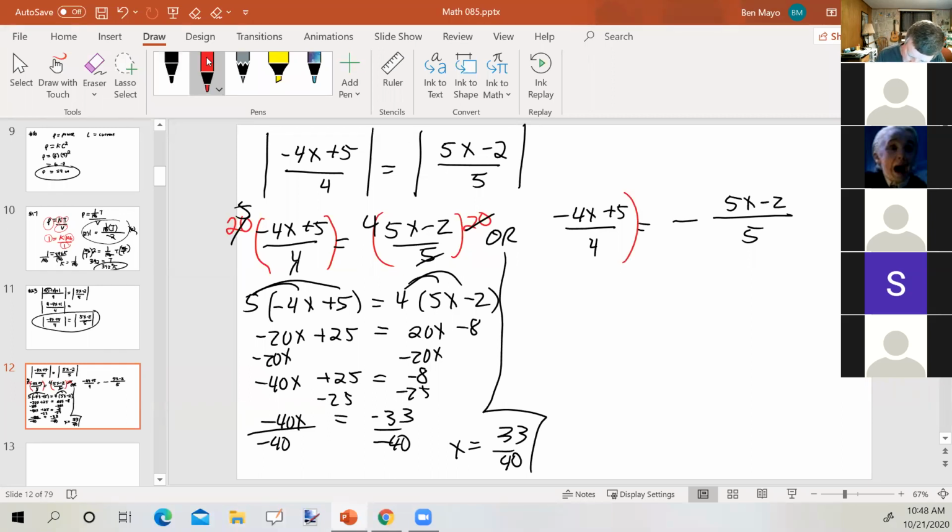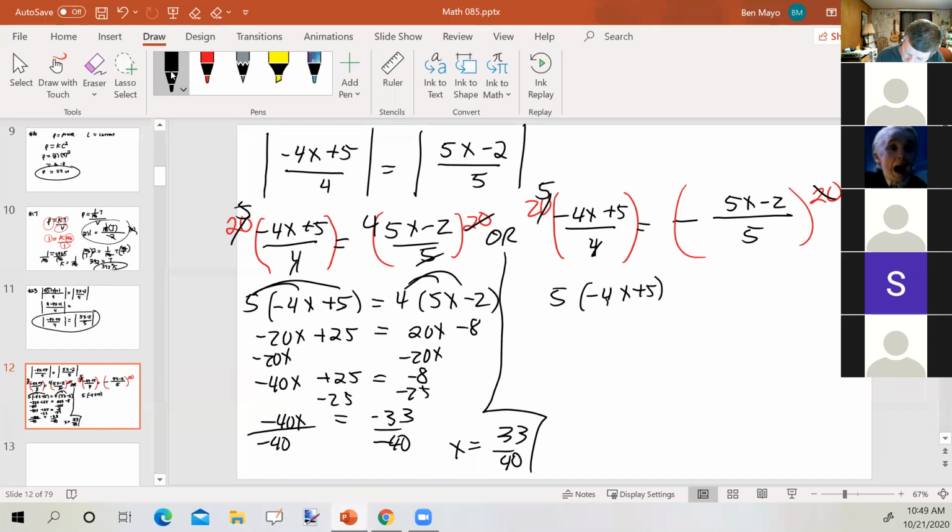Again, the LCD is 20. Let's see here. So 20 over 4 is 5, so I have 5 times negative 4x plus 5.